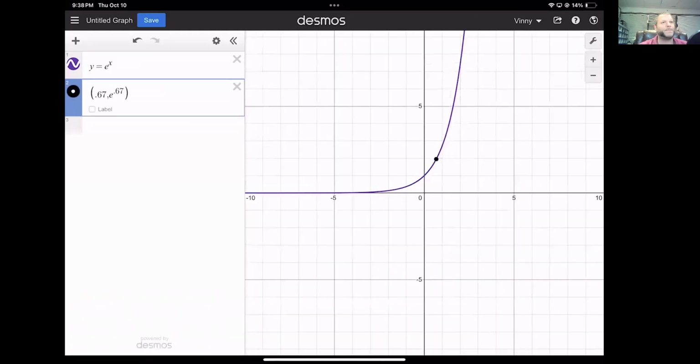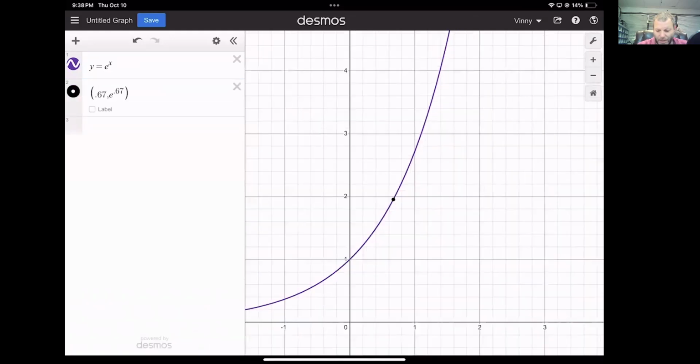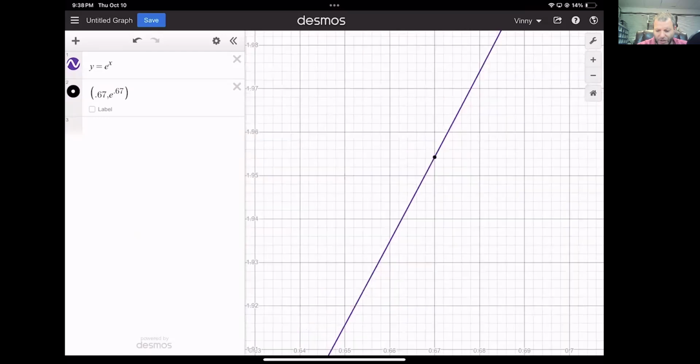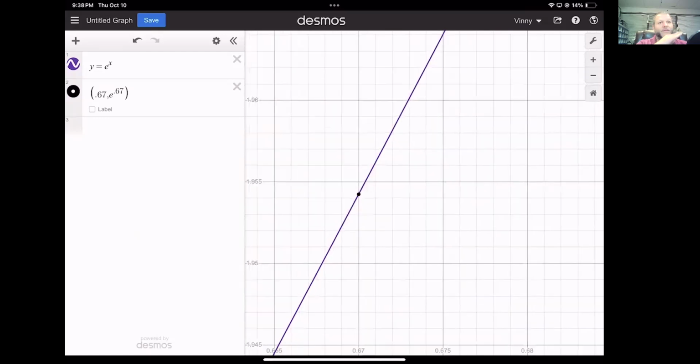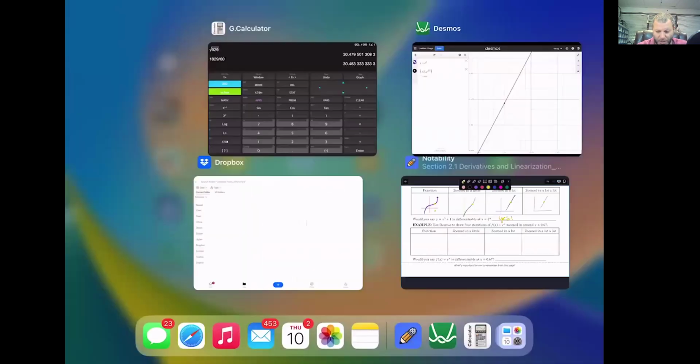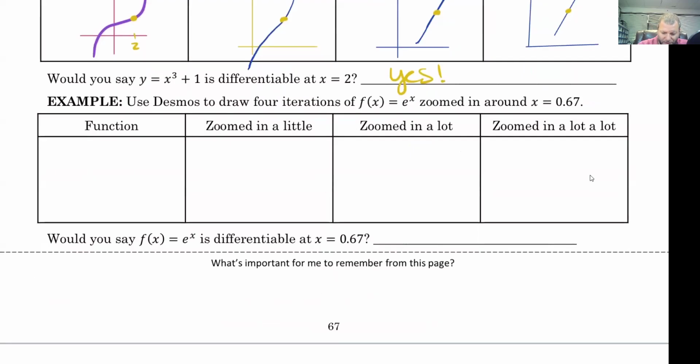So there's our function. Again, if we zoom in around this point, eventually I can zoom in enough that I lose the curvature of my exponential function, and it seems like we have just a line. Since we have this local linearity, we're really looking at the tangent line, in essence, so we would say that e to the x is differentiable at 0.67. I'll leave it up to you to draw this link.